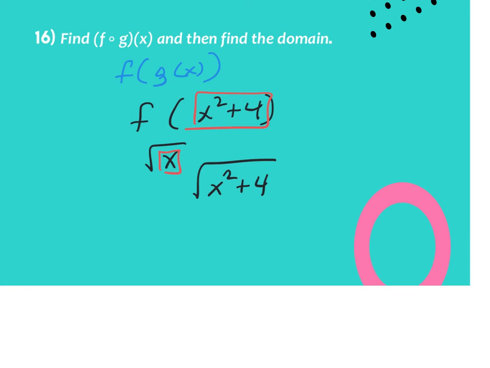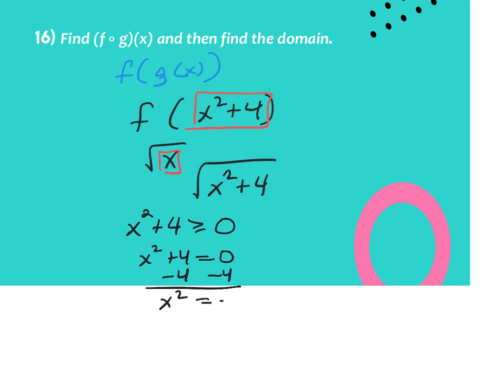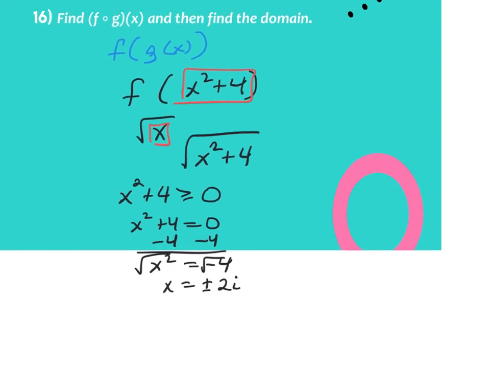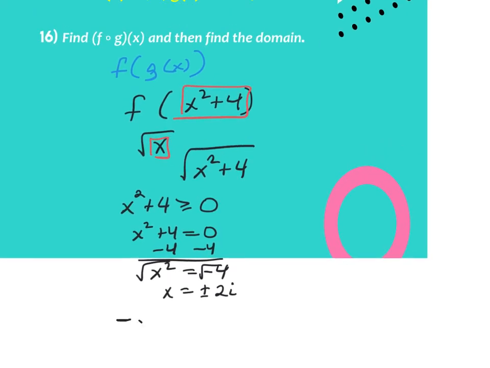So for the domain, it is a radical, so I need to set it to be greater than or equal to 0. And then it's quadratic, so I'm going to make it equal 0. Subtract the 4, x squared equals -4, square root it, and I get x to be plus and minus 2i. I don't care about excluding any imaginary solutions, so the domain of the composite is all real numbers.